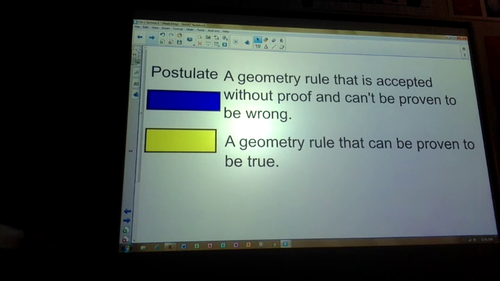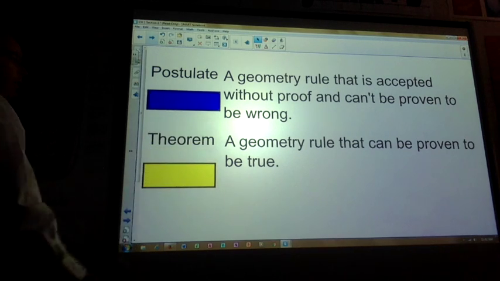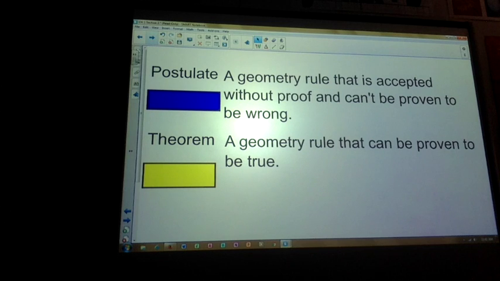A geometry rule that can be proven to be true is called a theorem. So you have theorems and postulates. You can prove theorems using postulates. A postulate is a geometry rule that is accepted without proof and can't be proven to be wrong. And then a theorem is a geometry rule that can be proven to be true.